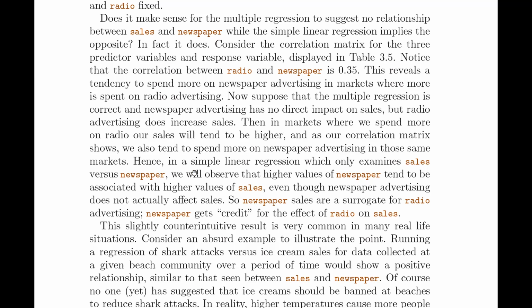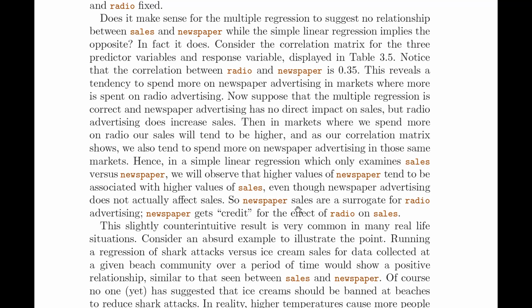Hence, in a simple linear regression, which only examines sales versus newspaper, we will observe that higher values of newspaper tend to be associated with higher values of sales, even though newspaper advertising does not actually affect sales. And I think this is the most important sentence, the one that's coming up.